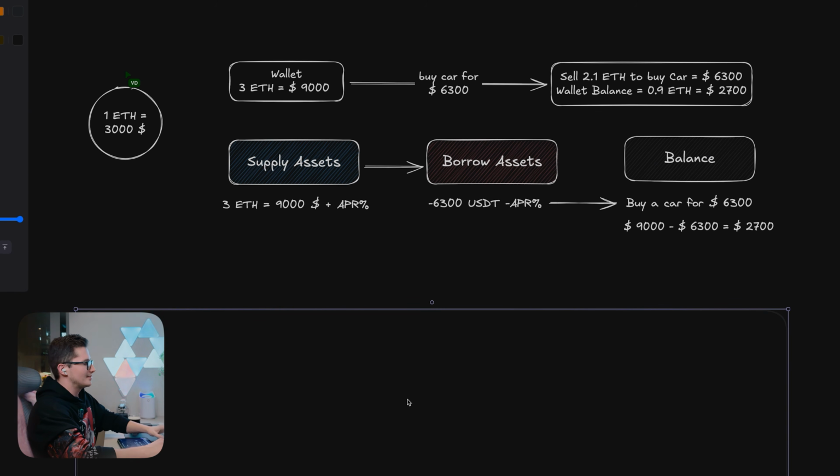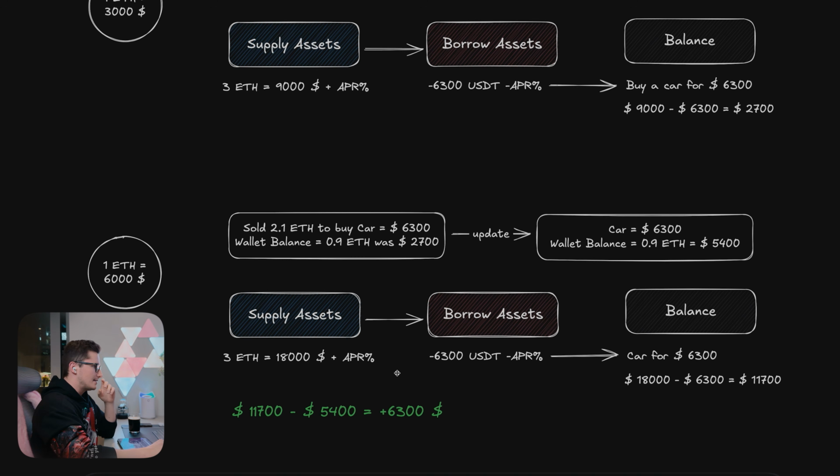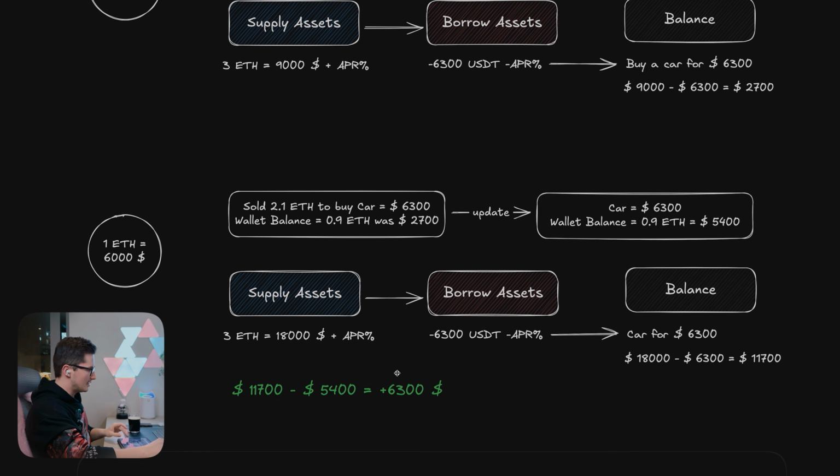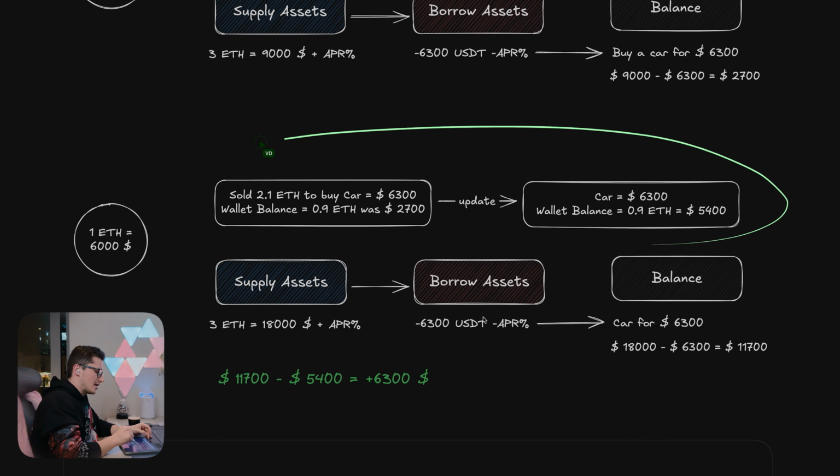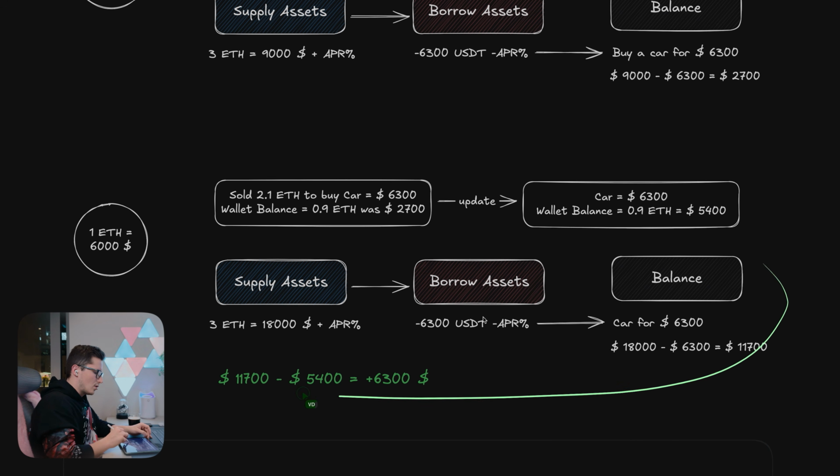Let's go deeper. Let's imagine that the price of ETH is going to be 6,000. That's the same thing we did before. We will compare the first case, with the wallet, and the second case, with the lending protocol.